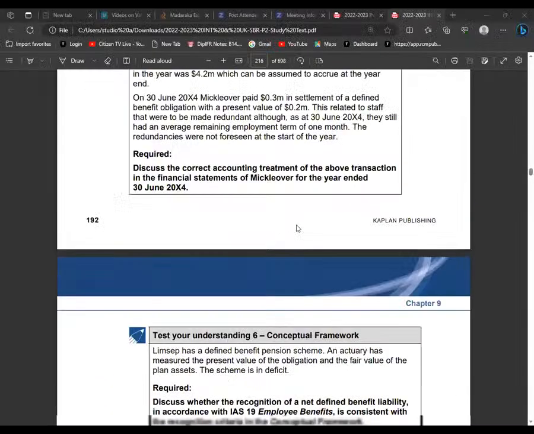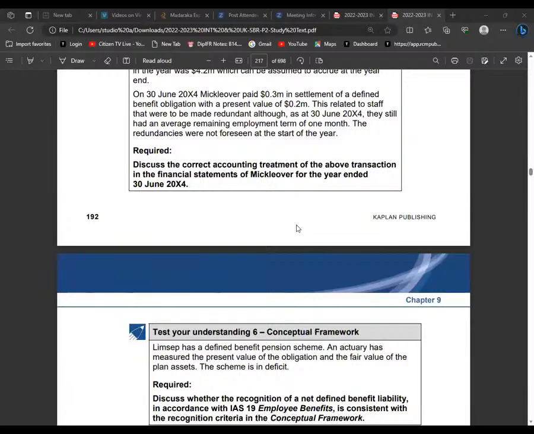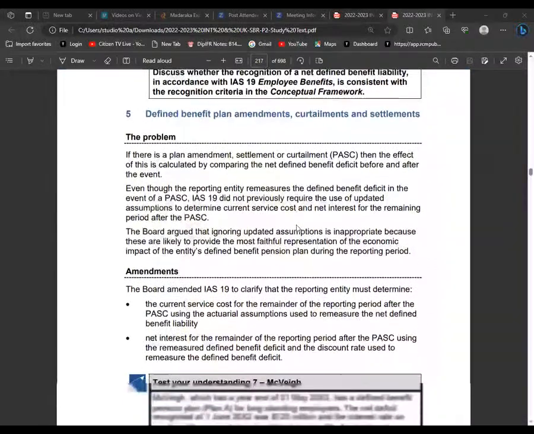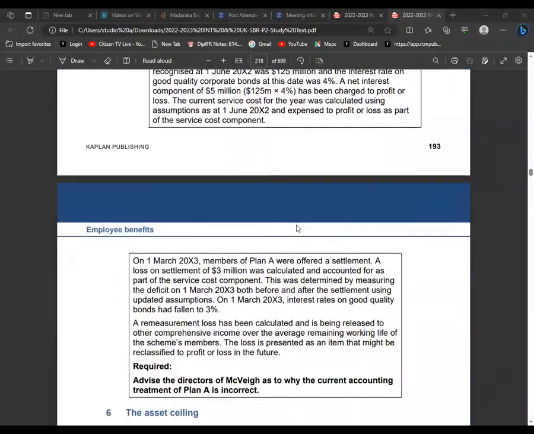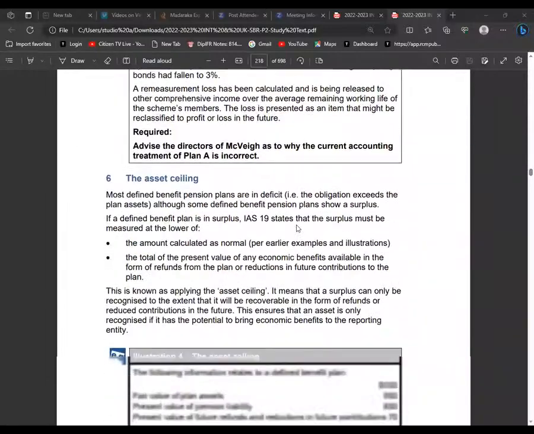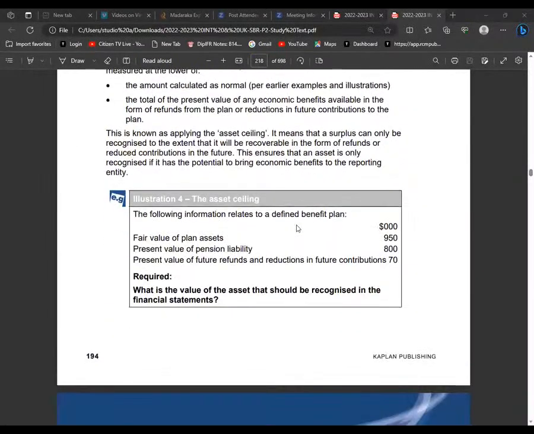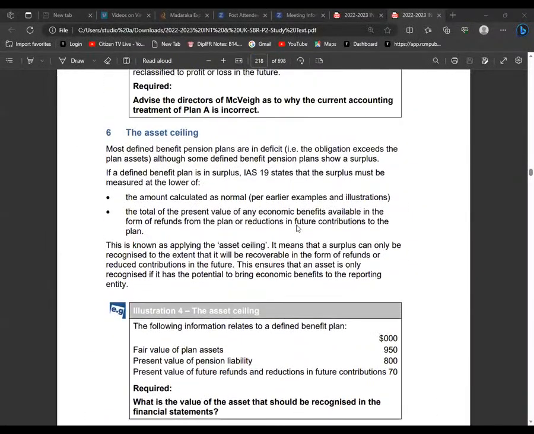Now, ladies and gentlemen, from there, we go to something very important, what we are calling the asset ceiling. The asset ceiling. Very, very important. Remember, ordinarily, pension schemes are normally troubled schemes.